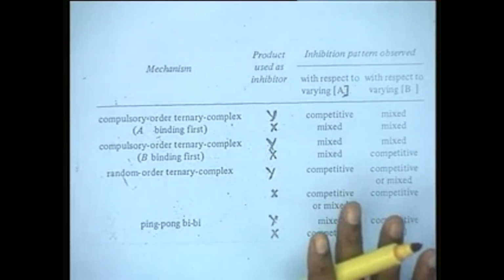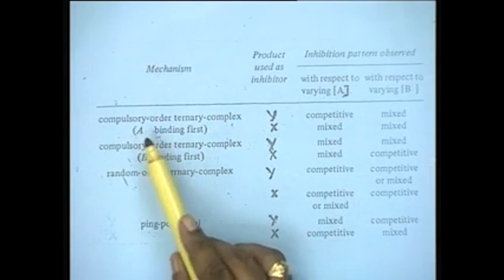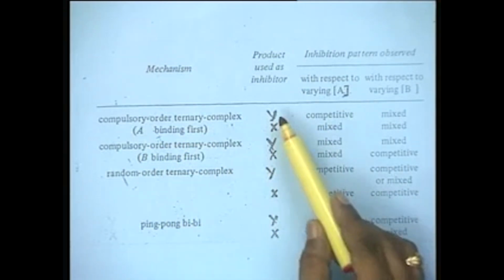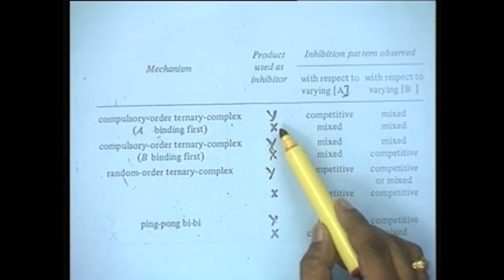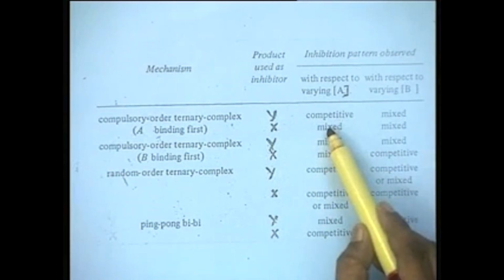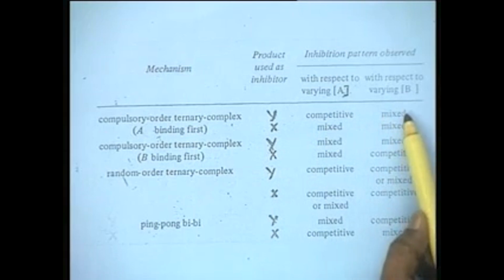This is just a summary of the whole thing: when you take A binding first and use one of the two products as the inhibitor, you get a different pattern, and with respect to varying B you get a different pattern.